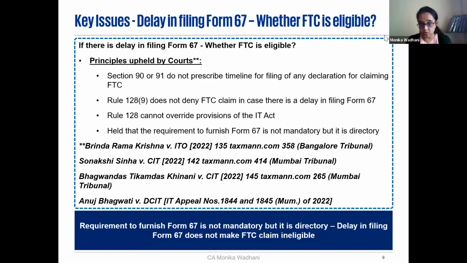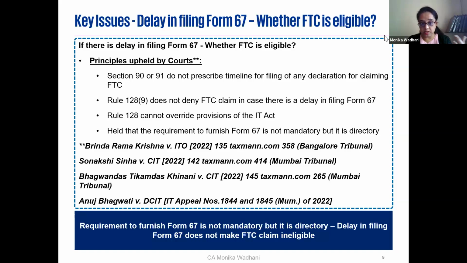The answer is no. And this answer comes from the reasoning that Rule 128(9) does not deny the FTC claim in case there is a delay in filing Form 67. It only prescribes a timeline. Further, Form 67 is not mandatory, but a directory requirement.